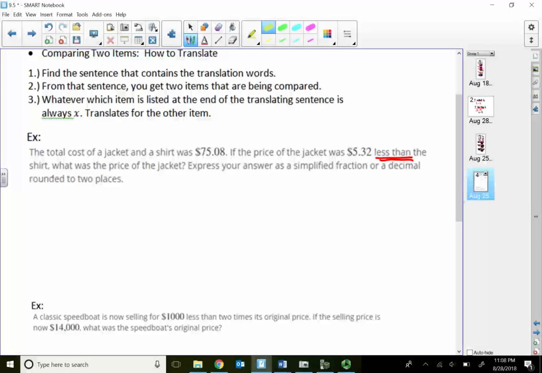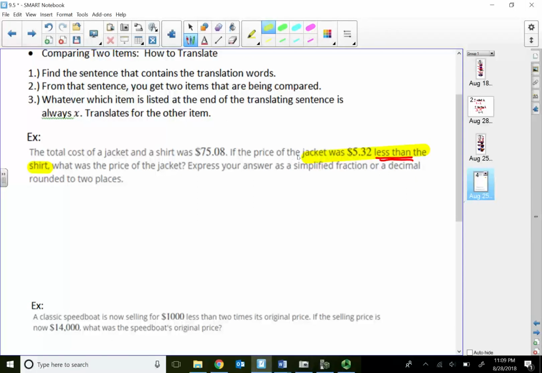So before the word what, got to be what I need to translate. So if the price of the jacket was $5.32 less than the shirt, comma, what was the price of the jacket? A lot of students read these two phrases together. You actually need to read them separately because this phrase is just simply asking you what you need to look for at the end. Need to look for the price of the jacket.